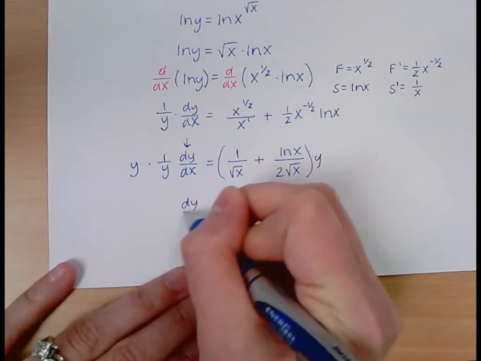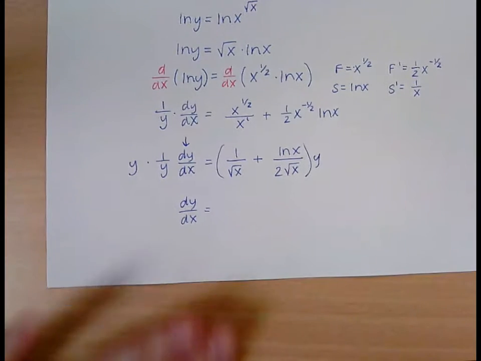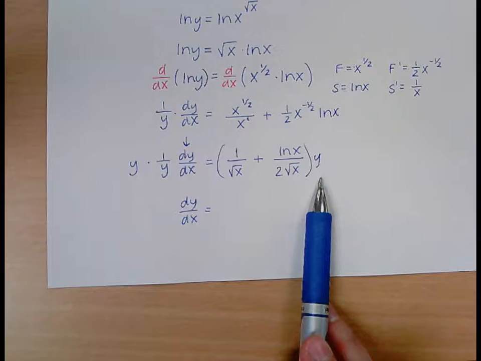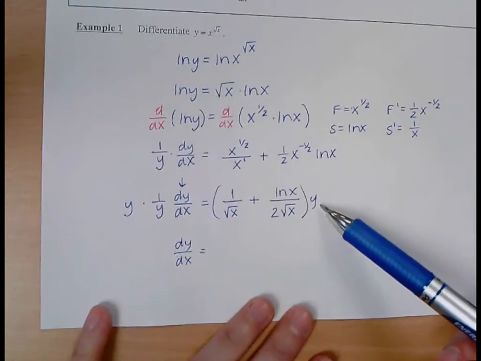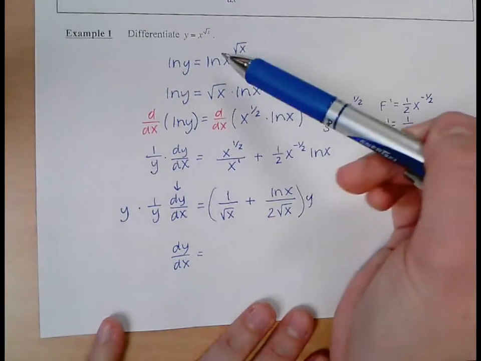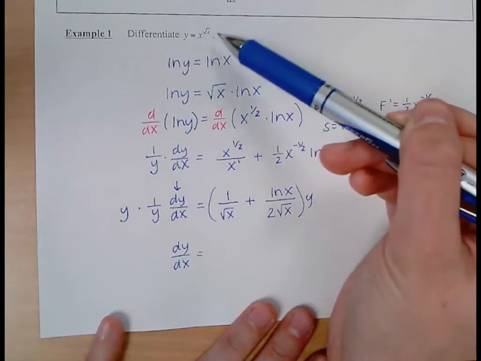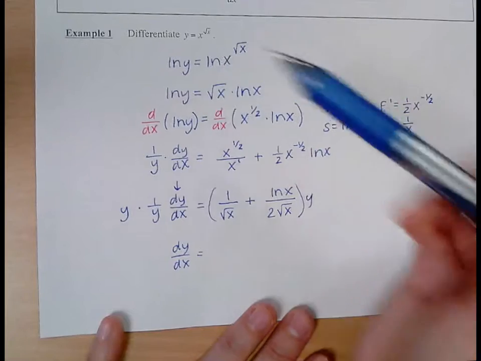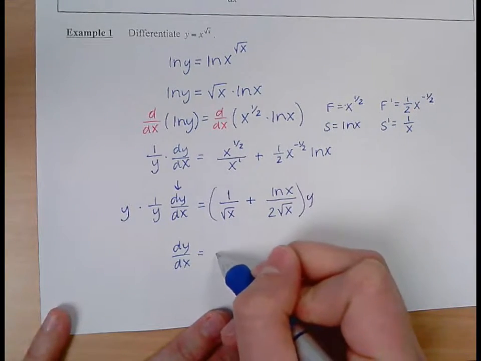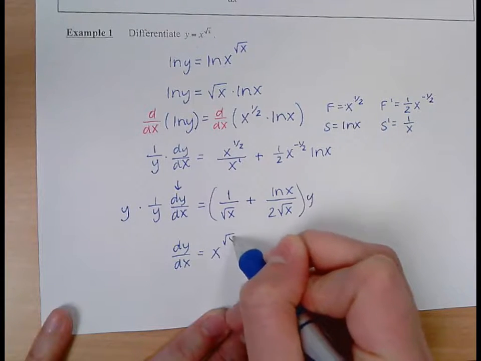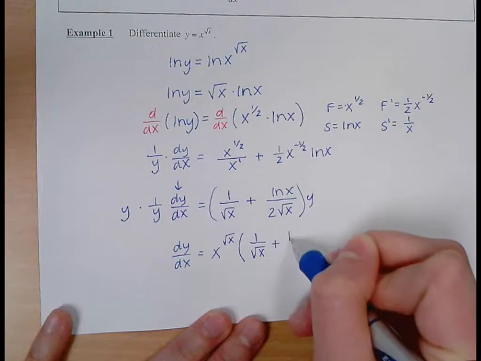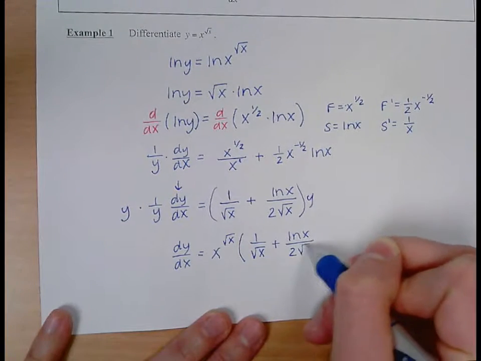So we have dy dx equals, now I don't want y in my answer, so you then also need to go back to the original function and see what y is equal to. Y is your original function, and I'm actually going to write that in front here. So my final derivative is x to the square root of x times 1 over the square root of x plus natural log of x over 2 square root x.